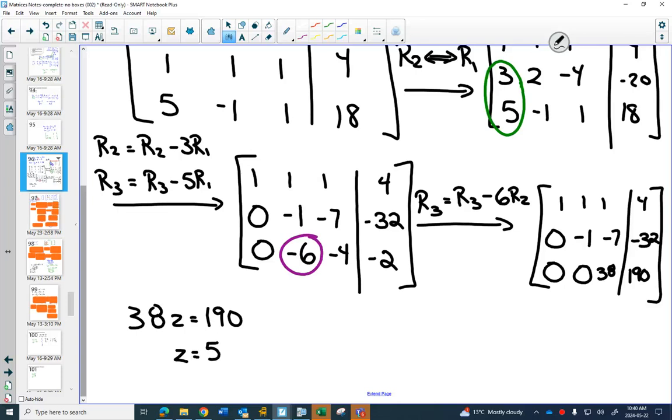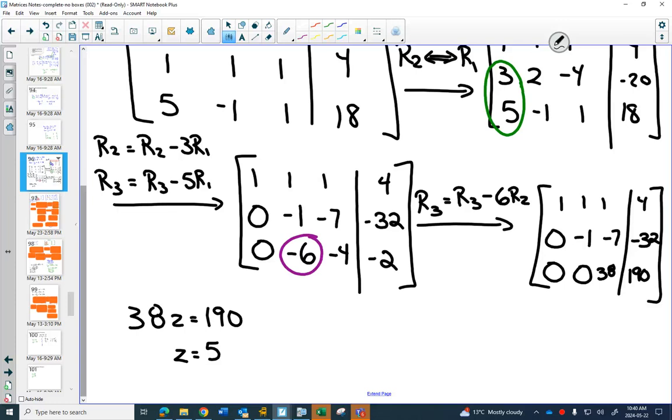For the most part on your tests and on your quizzes, well, not on the quizzes that are take-home necessarily, but on your test, sometimes I'm going to be nice and tell you your answers are going to be whole numbers. So if you get to z and it equals a fraction, you know you screwed up with your mental math.